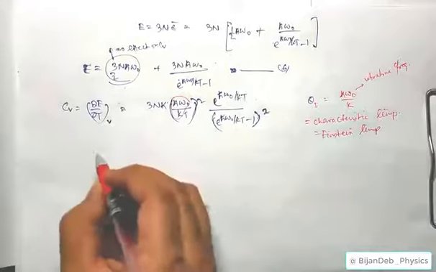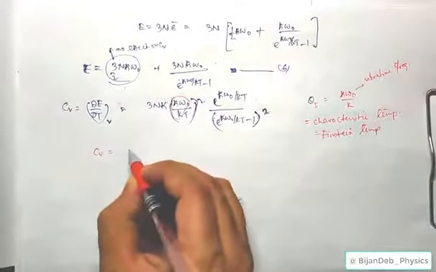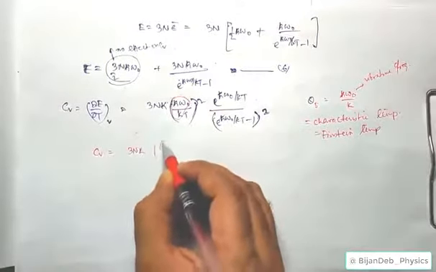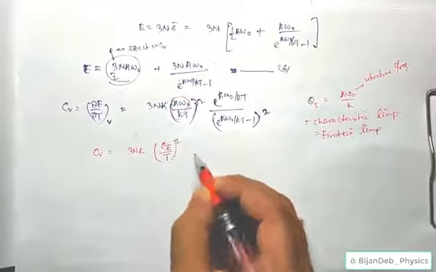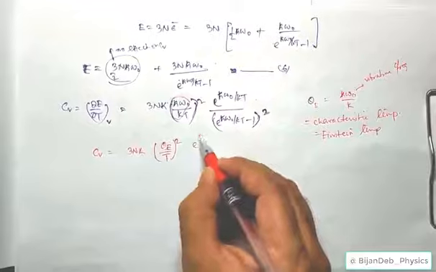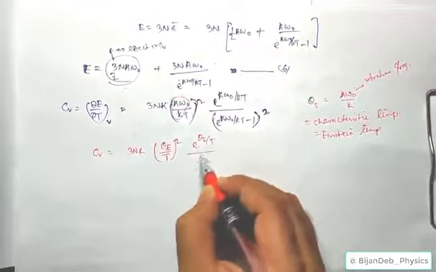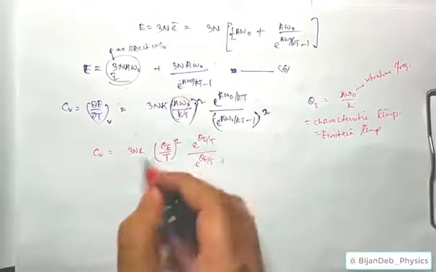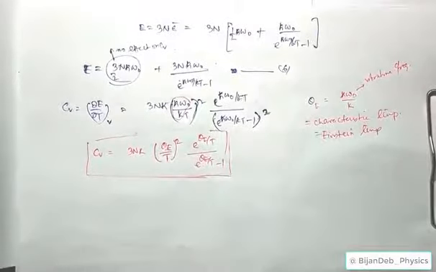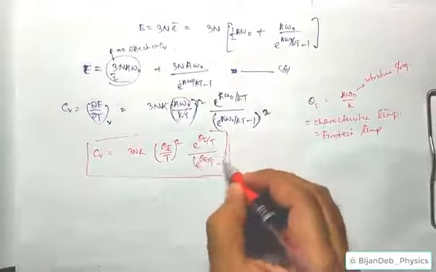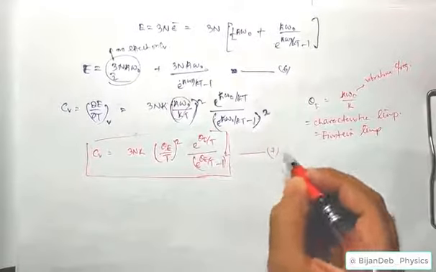So in terms of Einstein temperature, if we write the expression, 3n k theta E by T whole square, e to the power theta E by T, over e to the power theta E by T minus 1 whole square. So this comes into a nice form, and this will be equation 7.